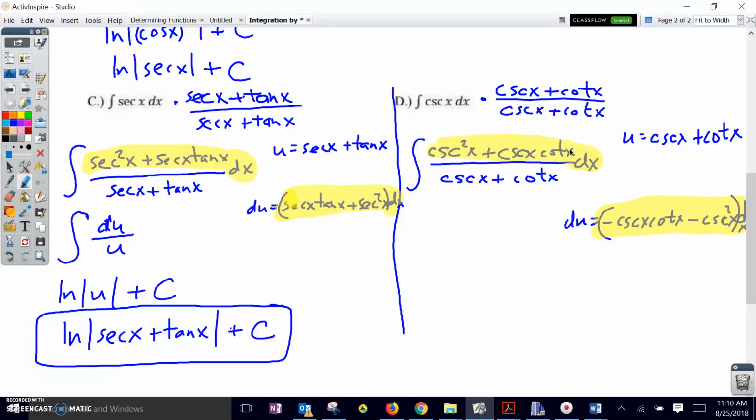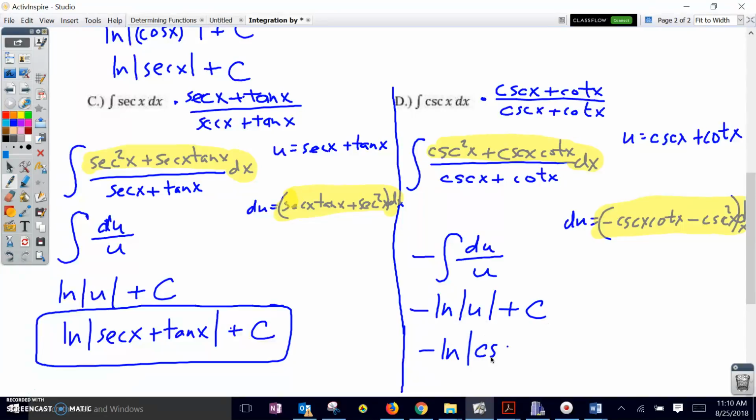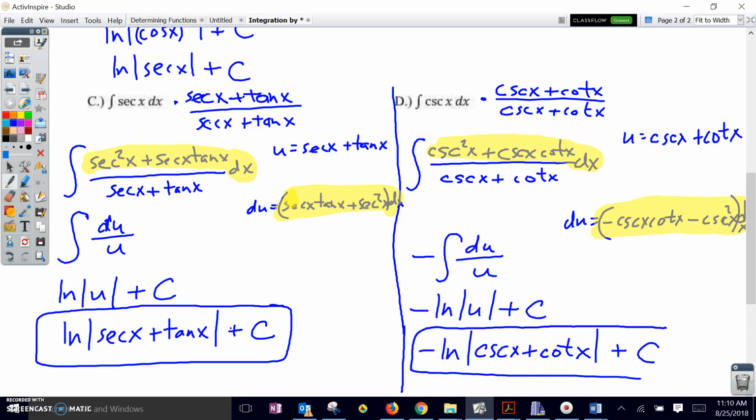So I'm going to replace that with a negative du, and that turns into the opposite of the integral of du over u. The integral of du over u is the natural log of the absolute value of u plus c. And then I bring my u back. And there's the integral rule for cosecant of x.